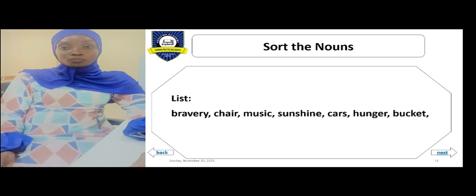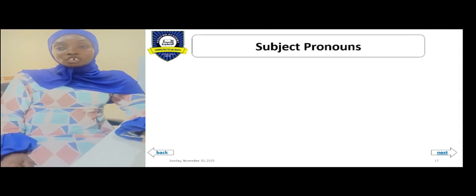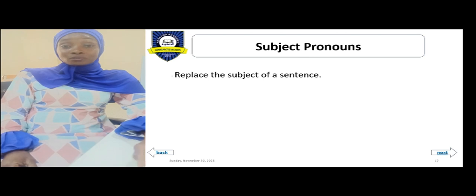Now, the next topic, which is subject pronouns. Subject pronouns replace the subject of a sentence. And what is the subject of a sentence? The subject of a sentence simply means the doer of the action in the sentence. That is the person or the thing that does the action.